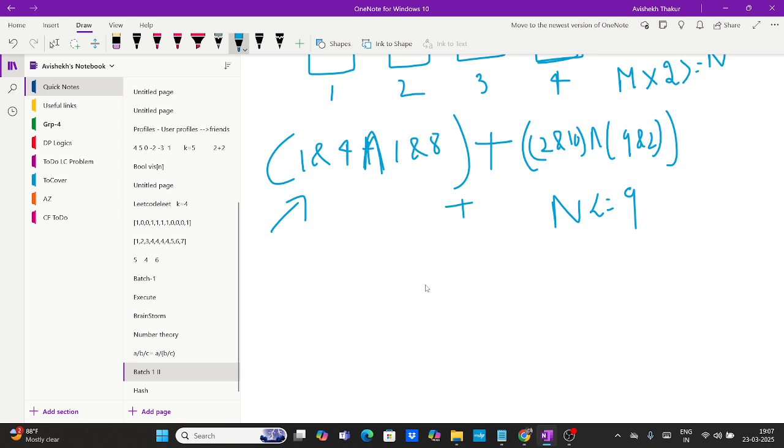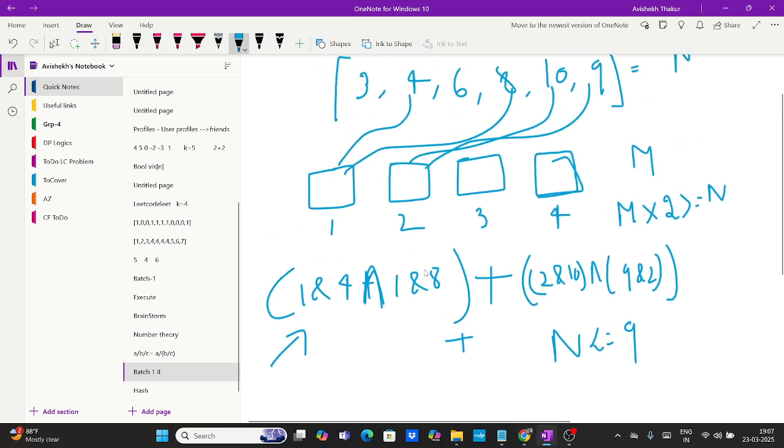You can have two values only, at max two values, correct. And the size of the array can be up to 9 only.